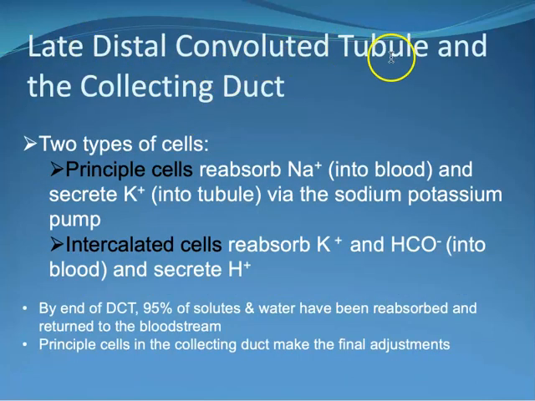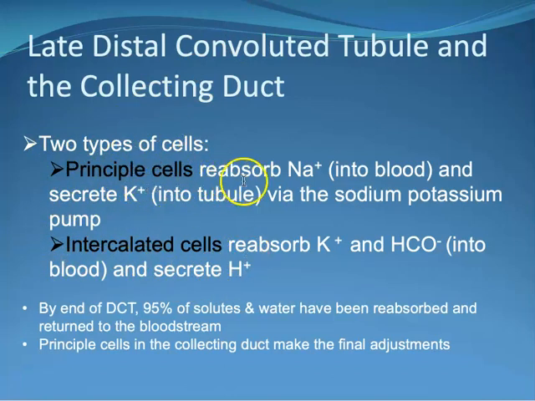And then in the late distal convoluted tubule and the collecting duct, these are more similar in their function. So there's a little bit of a difference in the function of the early distal convoluted tubule versus the late distal convoluted tubule, the late one being closer to where it's going to connect to the collecting duct. These two parts of the tubule system have similar cells called principal cells and intercalated cells.